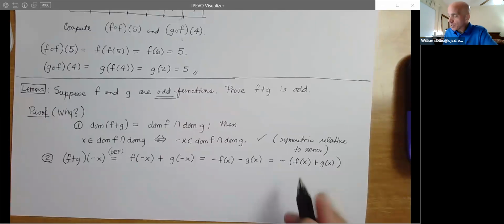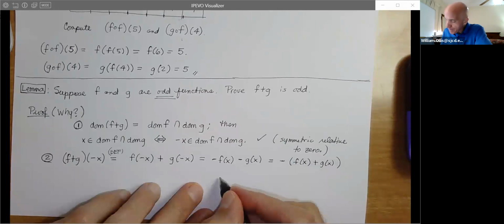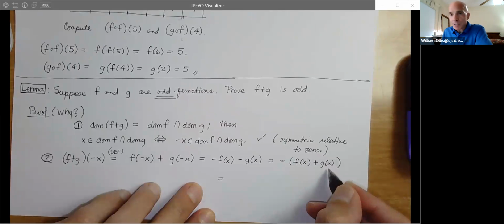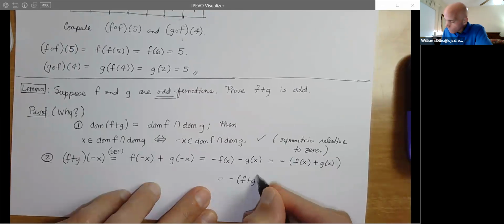So now we factor the negative, so we get the negative of f of x plus g of x. But f of x plus g of x is just f plus g of x. So this is the negative of f plus g of x.